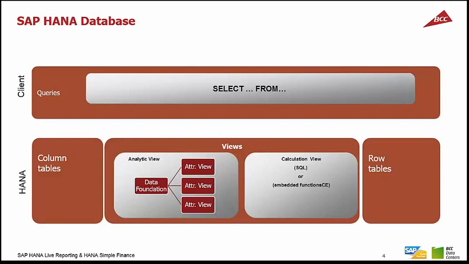So if you have a transaction system, for example ERP on HANA, all the fact tables will be kept as column tables. Therefore, they will be easy to write in, but also very powerful to read the data with.